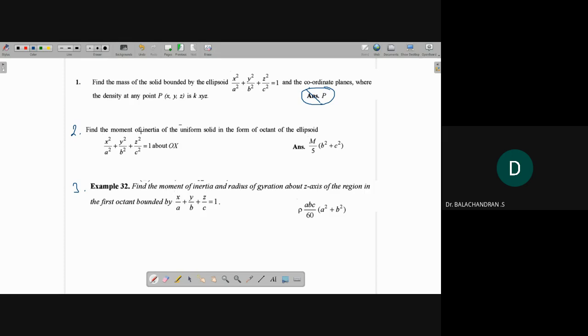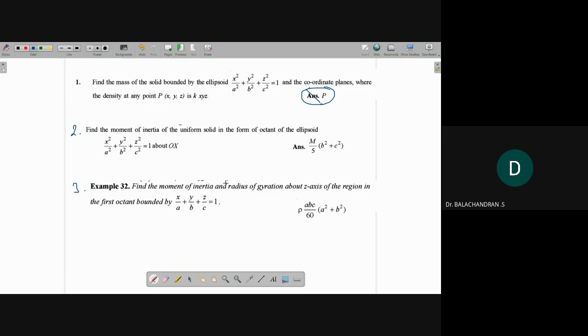Find the moment of inertia of a uniform solid in the form of an octant of an ellipsoid, about the x-axis. I think the equations are the same, so you can try this one.